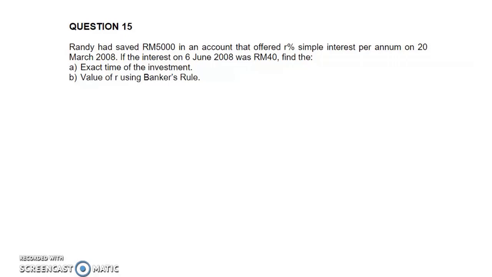Okay, first you can do like this. You draw a line and extract the information given. So we know that here must be P, which is 5,000 ringgit, and rate is R%. So here the date was 20th March.